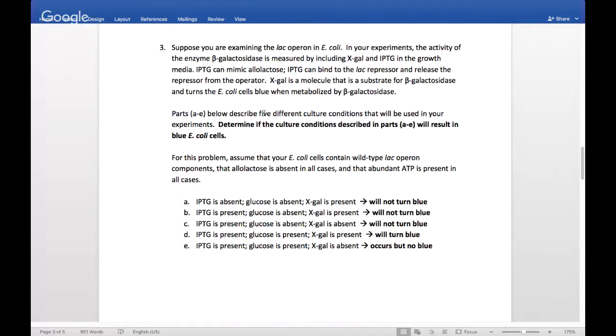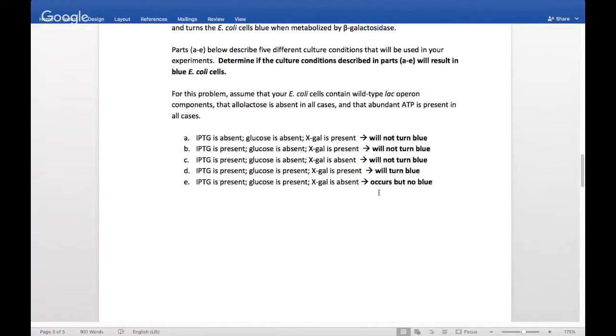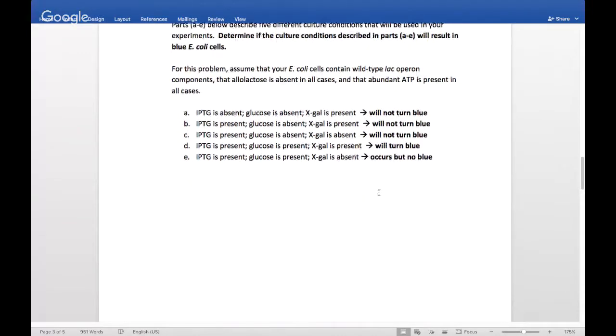IPTG is present, glucose is absent, and X-gal is present, but it will not occur due to the absence of glucose. IPTG is present, glucose is absent, and X-gal is absent, so the reaction won't occur without glucose, but it also will not turn blue because it doesn't have the X-gal molecule. All of them are present, so it will occur and it will turn blue.